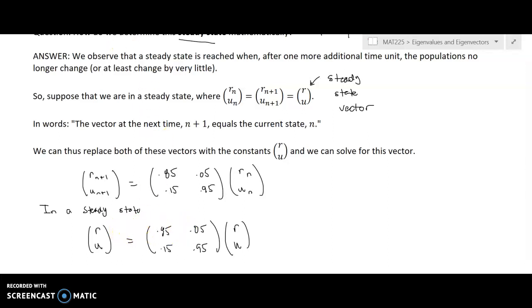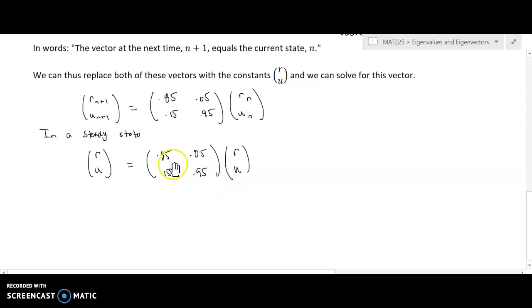And so this makes it convenient, because we can now form a system of equations with only 2 unknowns, whereas this one right here has 4 unknowns: the R value now and the R value next year, the U value now and the U value next year. Again, if we're in a steady state, then the R value now is going to be the same as the R value next time unit, and the U value now is going to equal the U value next time unit.